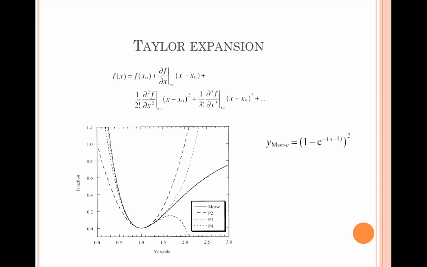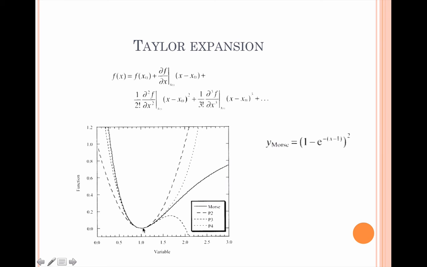The figure here shows the Morse potential as a solid line, and you have seen already in video lecture 1 the Morse potential, which we used in order to describe the stretching motion of a bond in a given molecule. What we can do now is perform a Taylor expansion of this Morse potential around the point x equal to 1.